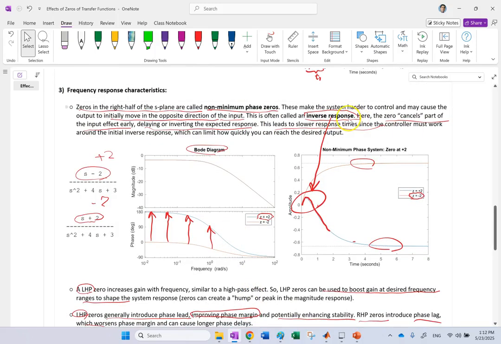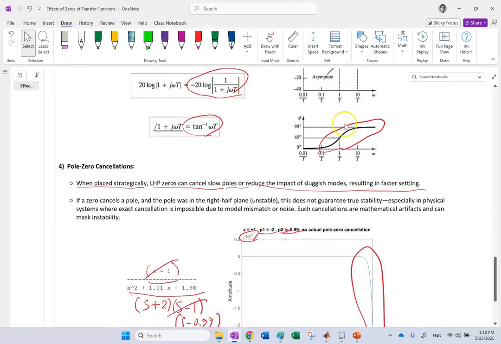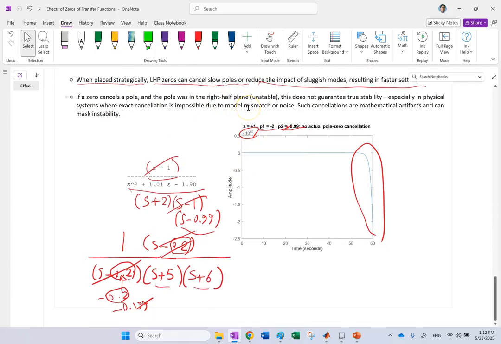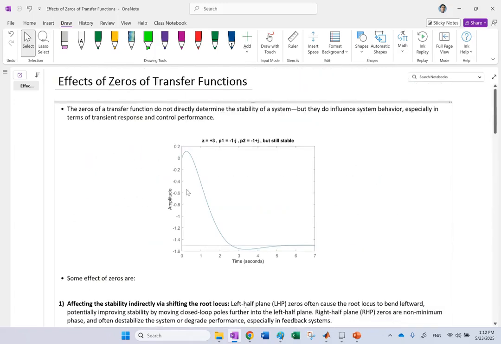Whether it creates an inverse response or not, whether it can cancel a slow pole, or apparently cancel an unstable pole but doesn't, and your system still goes unstable. So this is the summary of the effects of zeros of transfer functions.